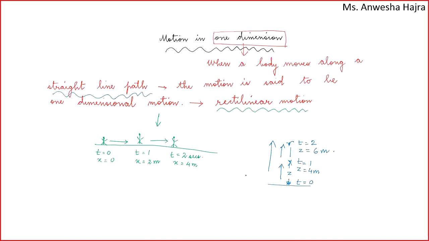Now, to start with the very basics of motion in one dimension, you have to have a clear idea of what is distance, what is displacement, what is speed, what is velocity, what is acceleration. Now, what is distance and what is displacement? This you have learned when you all were small.